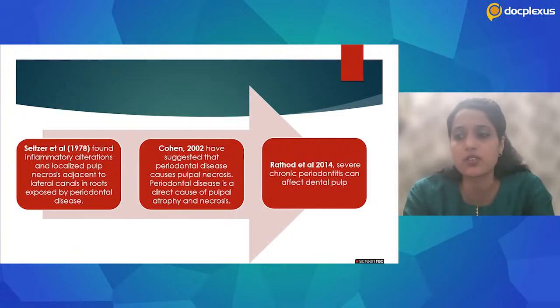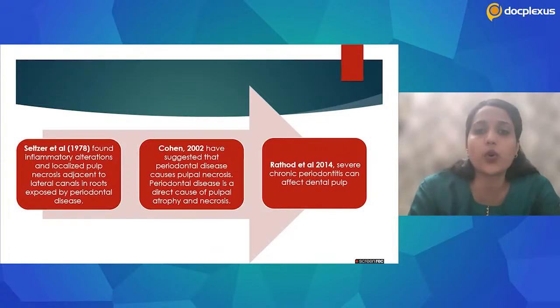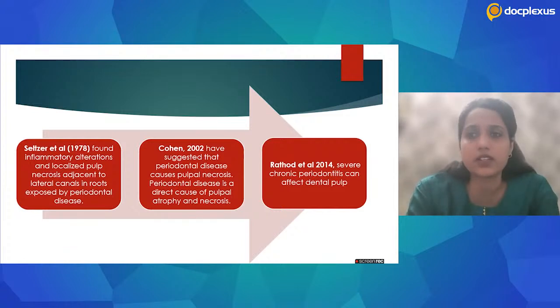It doesn't give a very good effect onto the cementum, or if there is a very thin layer of cementum, or if there is anyway a denudation of cementum present and we are being aggressive, then of course it will not only have a poor periodontal therapy, but also it will affect the tooth endodontically, or the pulp will be affected. And Cohen in 2002 suggested that periodontal diseases do cause pulp necrosis.